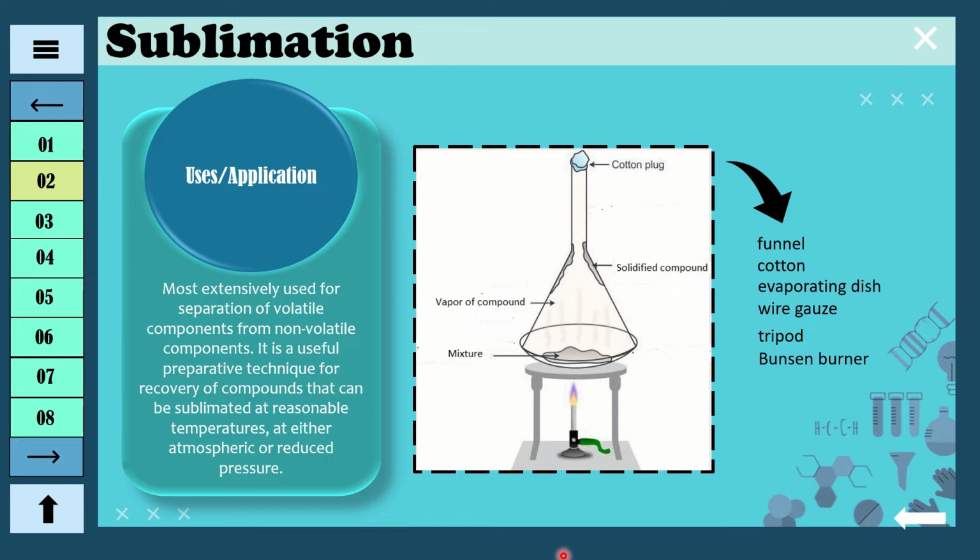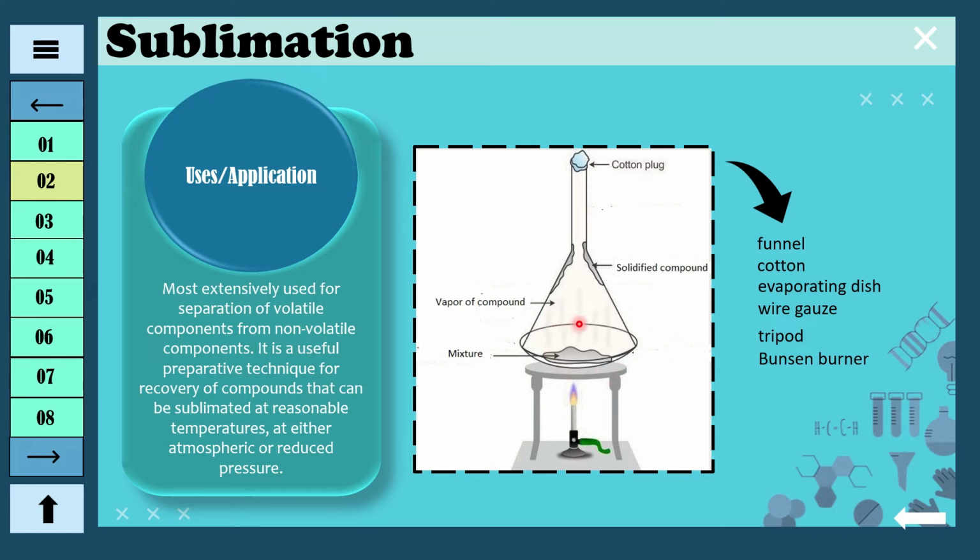The volatile compound will be evaporated into a gaseous state. As you can see here, since the mixture is now subjected to a certain temperature, the volatile product will now become a gas or a vapor, leaving the non-volatile compound in the evaporating dish.